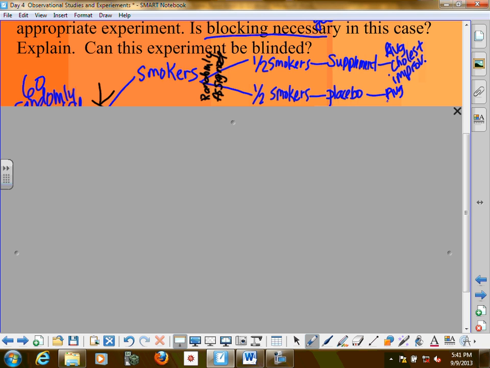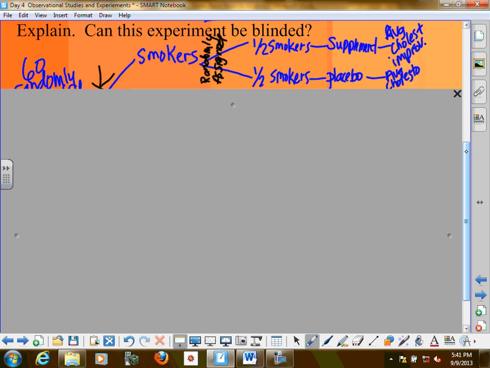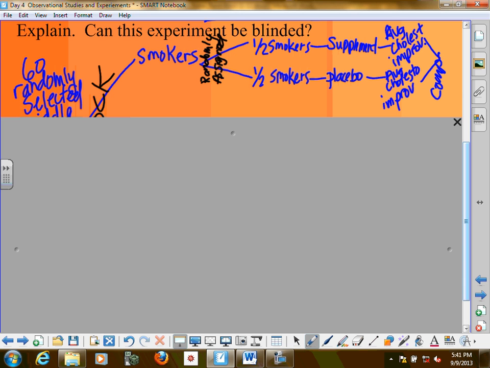Okay? And then after I'm done with that, I'm going to compare average cholesterol improvement. So the only difference between these two groups is the supplement versus the placebo.